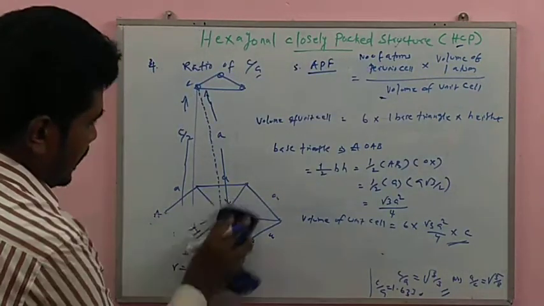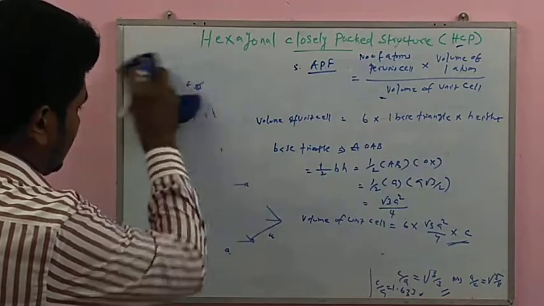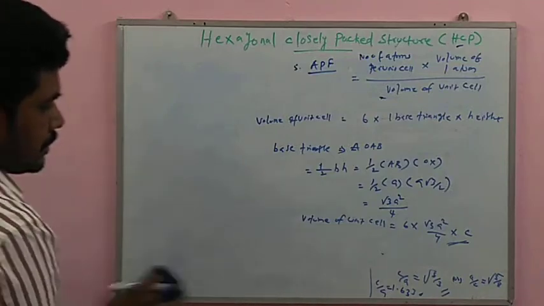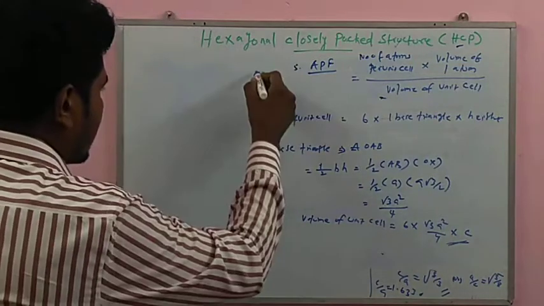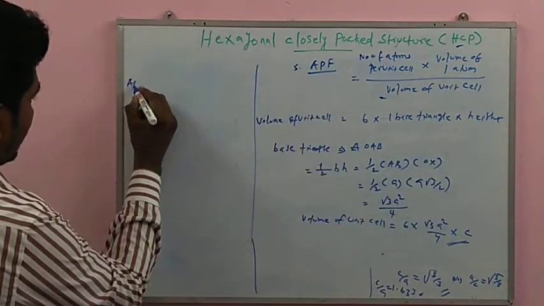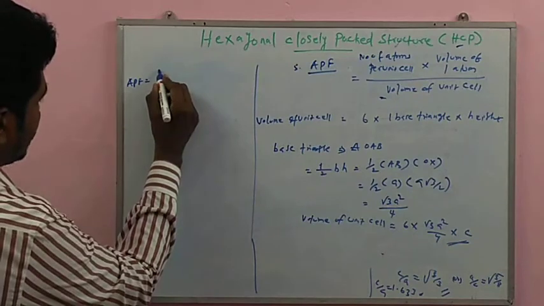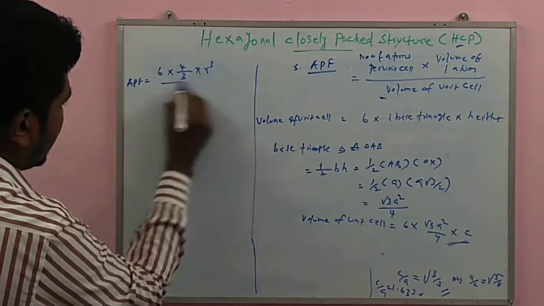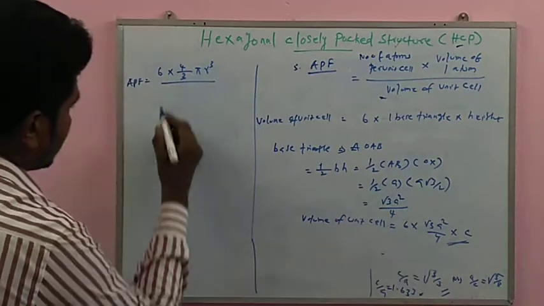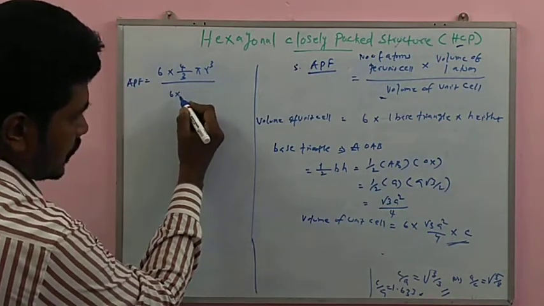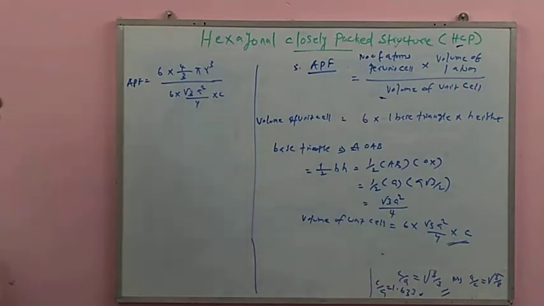Now I will write this step by step. So APF equals number of atoms per unit cell, which is 6, times the volume of one atom, 4 by 3 pi r cube, divided by the volume of unit cell, that is 6 into root 3 A square by 4 into C. Understand?